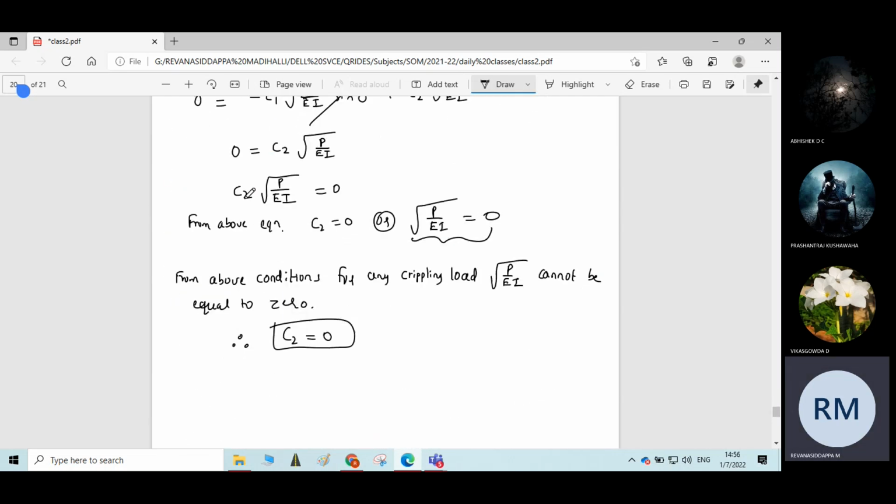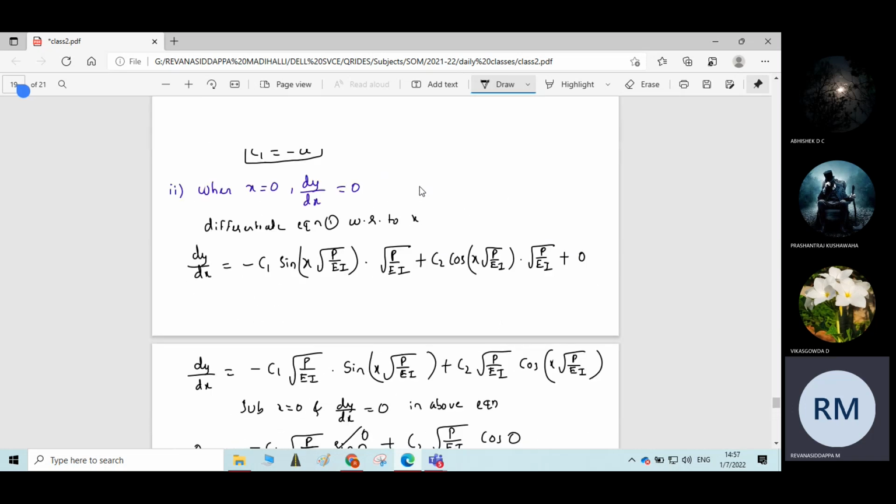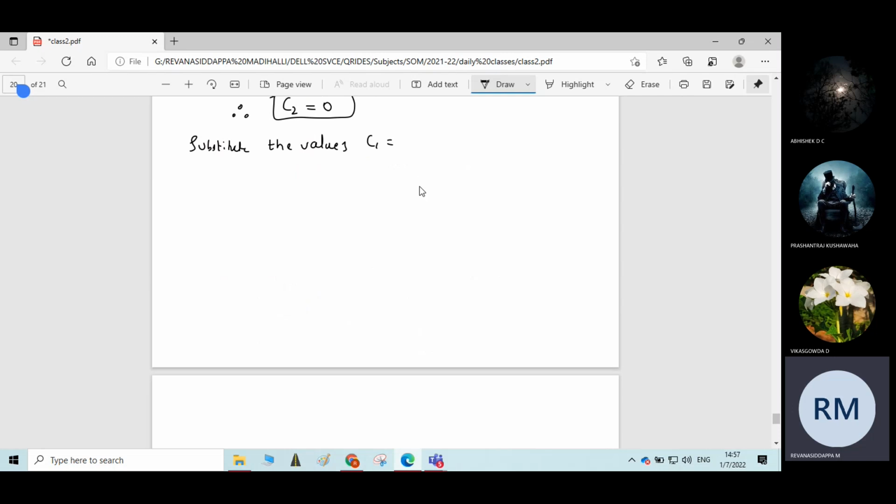Okay. Therefore, substitute the values. C1 is equal to, what is that? C1 is equal to minus A, and C2 is equal to 0 in equation 1.